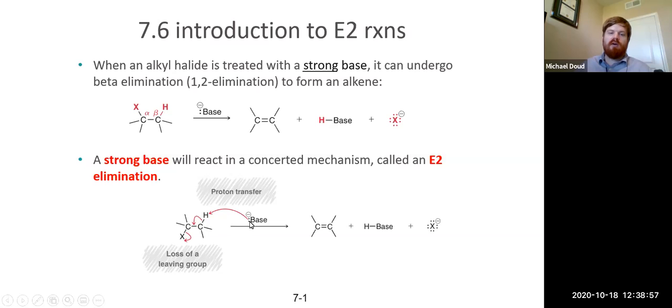So it's three different arrows. One is the proton transfer, which involves the base picking up the proton, and then the carbon-hydrogen bond from the beta carbon forming a new pi bond. And the third arrow is the loss of the leaving group. So this alpha carbon to halogen bond is going to go as a lone pair on the halogen.